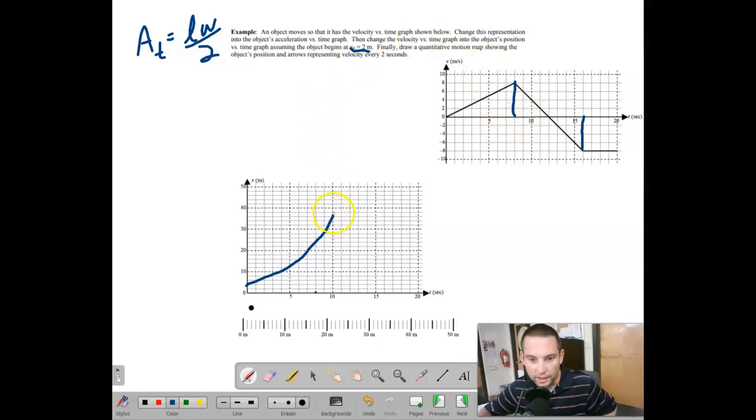So we're increasing by 16 for this time frame. And it looks like the time ends at 12 seconds. So at 12 seconds, we're going to increase all the way on up to here.